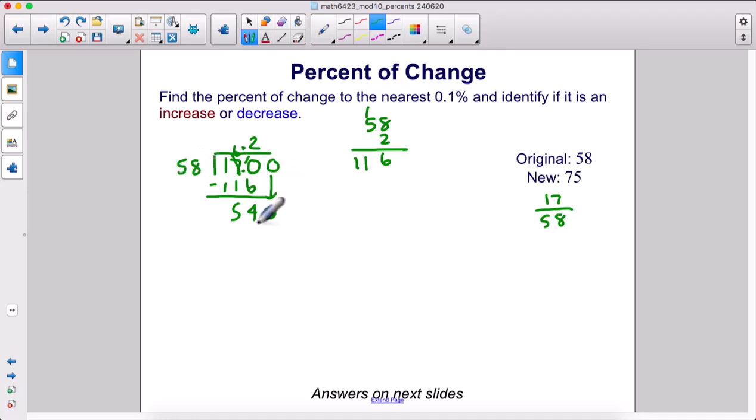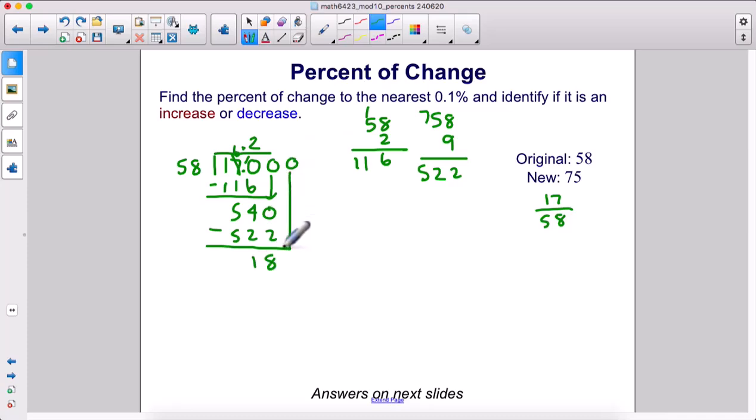How many times does 58 go into 540? Well, it's not 10 times, because 10 would be 580. So let's try 9 times. So 9 times 8 is 72. That's 45, 52. So 522. Subtract those. 40 minus 20 would be 20, but this is 2 less than that, so 18.